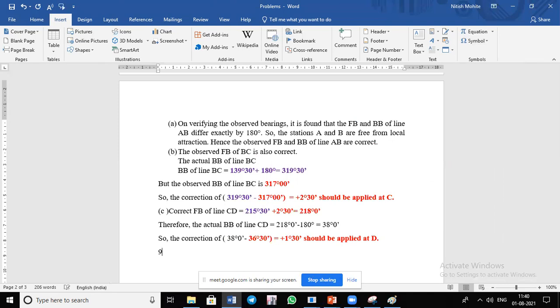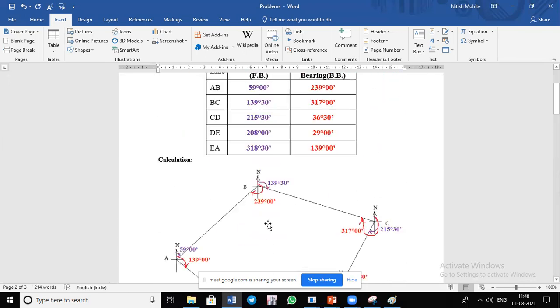So again, next. So now correct forebearing of DE, I'll just copy it here, 1 minute. Correct forebearing of line DE is how much? It is given.